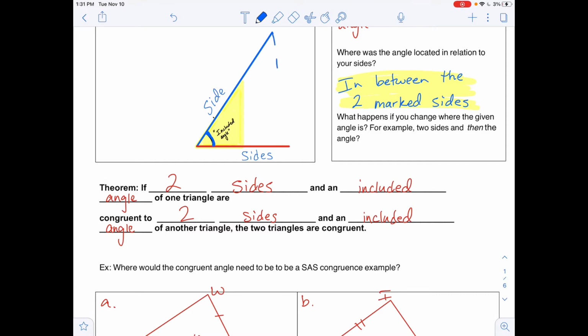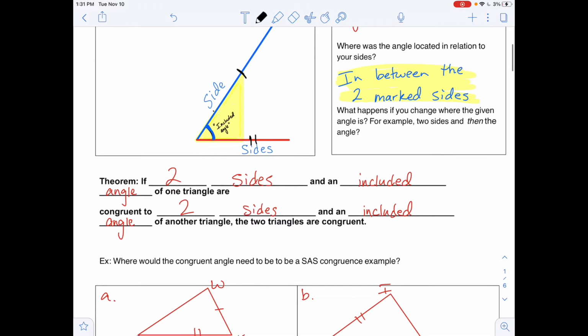Here's my third side, and that included angle touches both of the marked sides. So if these are my two sides that are marked congruent, here's one congruence mark, here's two, then that included angle has to be the one that touches both of those sides, or is in the middle of those two sides.